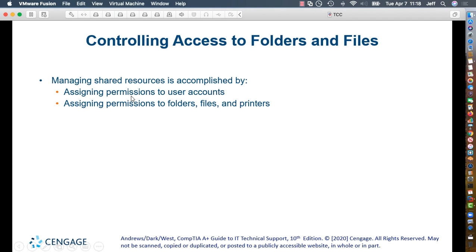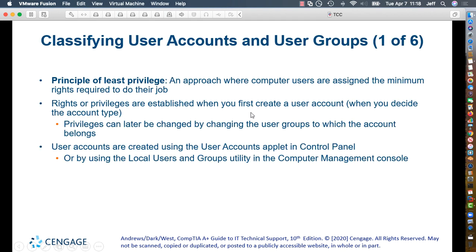So then you need to assign permissions to the user accounts and to the folders, files, and printers, right? But we use what's called the principle of least privilege, and you only give somebody enough privilege and enough access to do their job and nothing more.